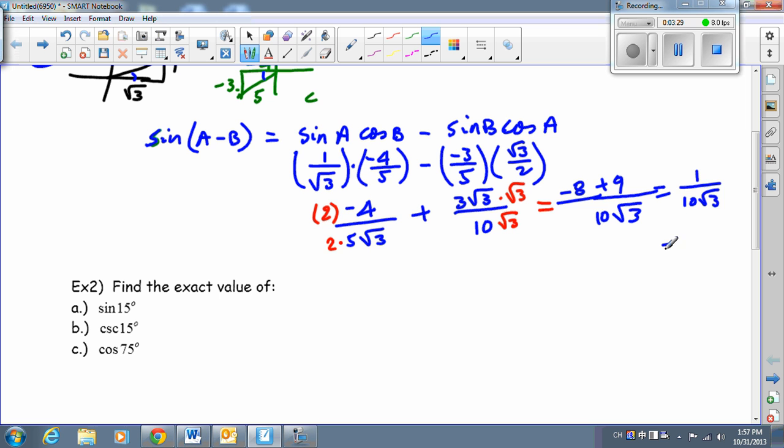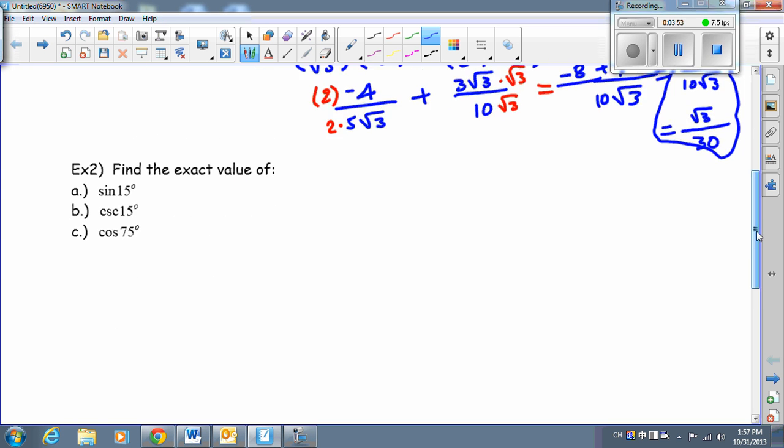I prefer my answer to be fancy, but if you're not sure you can make it fancy, stop here. So if I multiply the top and bottom by square root of 3, I will end up with square root of 3 on top, and on the bottom I should have 30. Once again, I will accept either or. I can accept this or this.